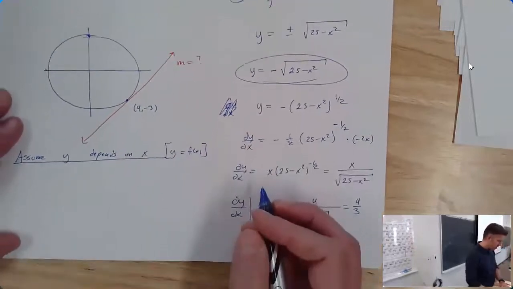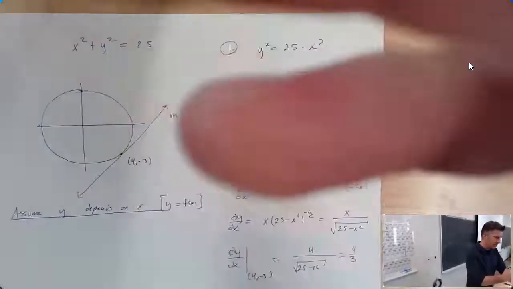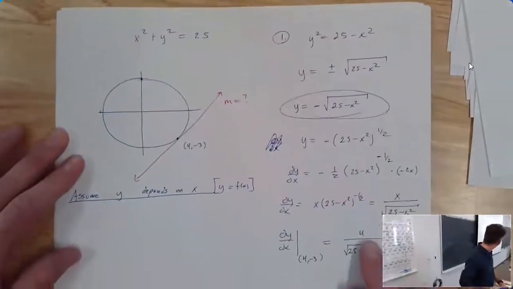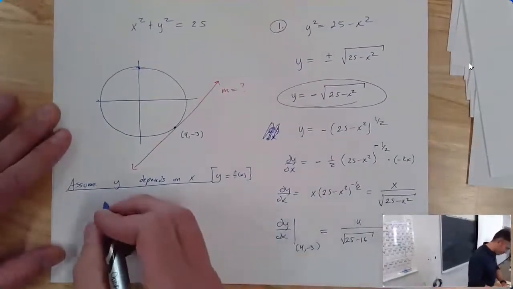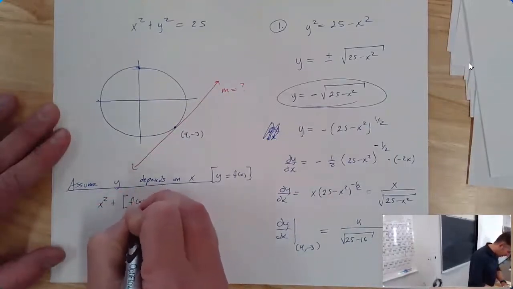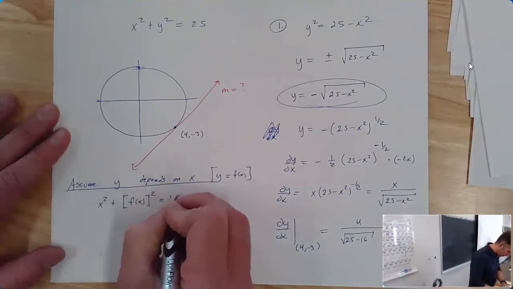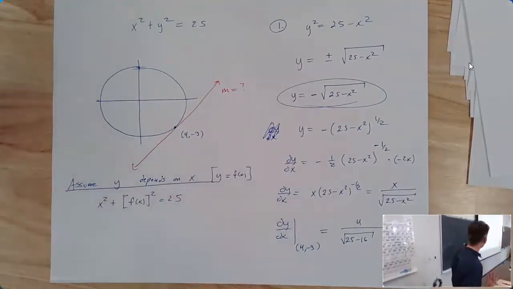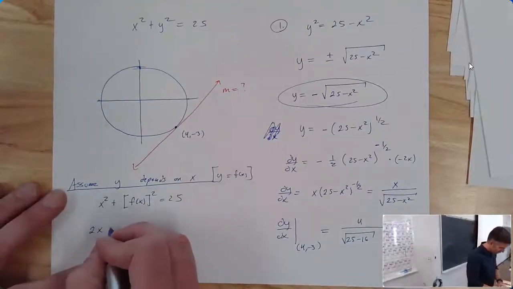So now I'm going to rewrite this equation, just to be super extra explicit about it, as x squared plus f of x squared equal to 25. And instead of solving for f of x or for y, I'm not. I'm just going to take the derivative of both sides right now. What's the derivative of x squared? Okay.